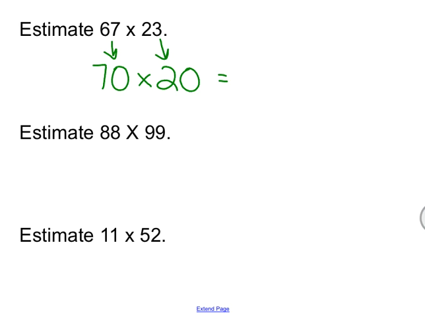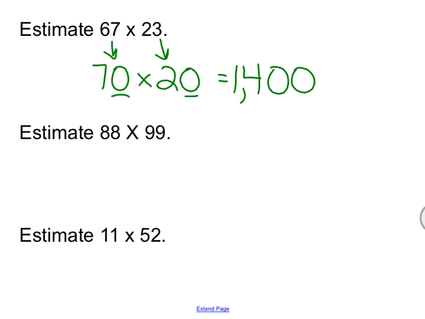Again, now that my factors are estimated, now I can estimate the product. So 7 times 2 is 14. And I have 2 zeros. So 67 times 23 is approximately 1,400. All right, so we're going to do 2 more together.